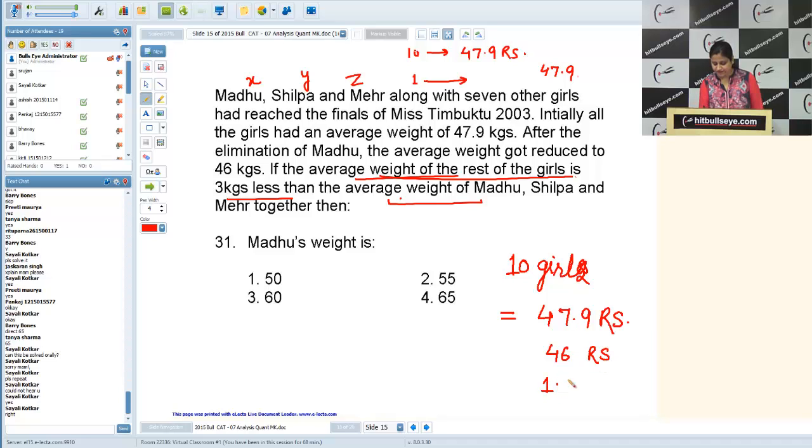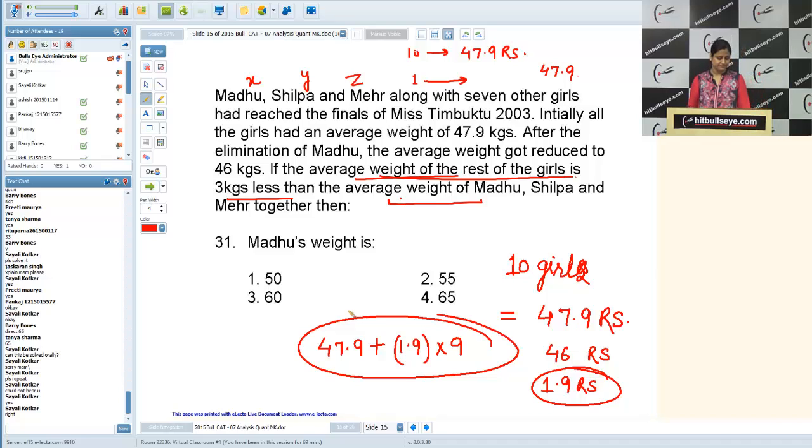Average falls by 1.9 rupees. It means Madhu is taking 47.9, that was her share, plus 1.9 into 9, that was the extra share of the remaining 9 girls. So Madhu is taking this. Is it okay, Sayali? Okay, that was a simple question on average.